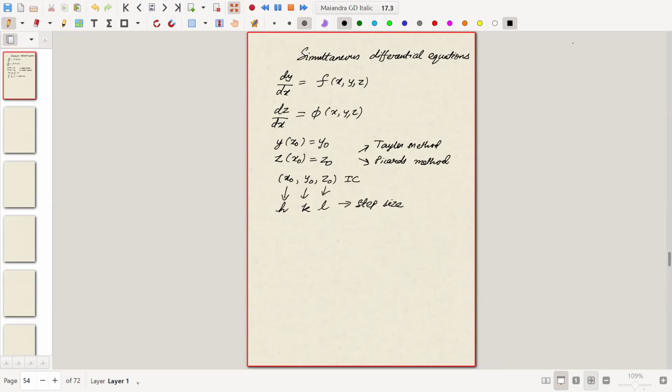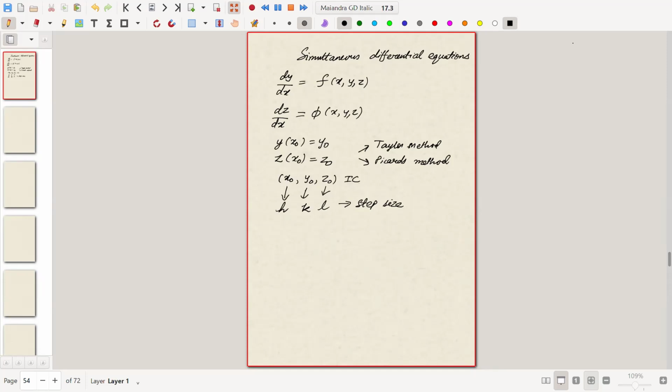Similarly, if you remember, we had the K1, K2, K3, and K4 method. Am I right? Yes. y i plus 1 equals y i plus 1 over 6 K1 plus 2 K2 and so on. Now we have coupled differential equations. For each equation we will have its own k i's, right? K1, K2, K3, K4.